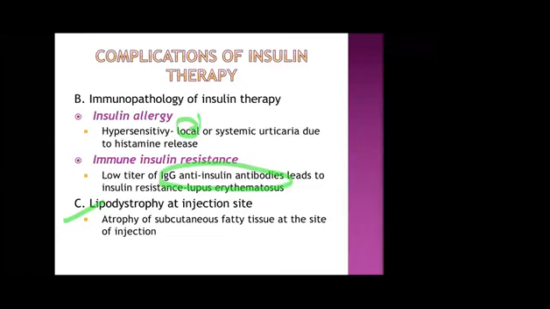And take note, pag isang site lang ng katawan, halimbawa sa legs mo lang siya tinuturok from time to time, chances are, pwedeng mawala or matapyas, magkaroon ng lalim, maging uneven yung area ng balat mo kung saan mo tinuturok yung insulin. Kaya pwede magkaroon ng lipodystrophy.